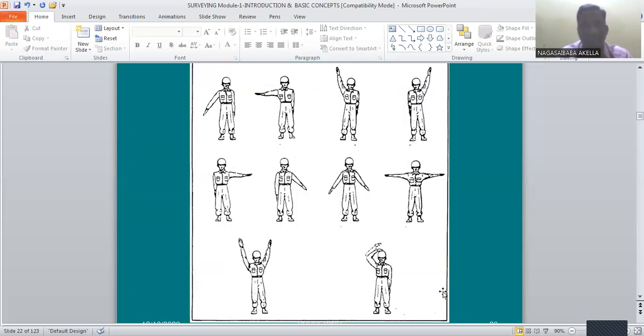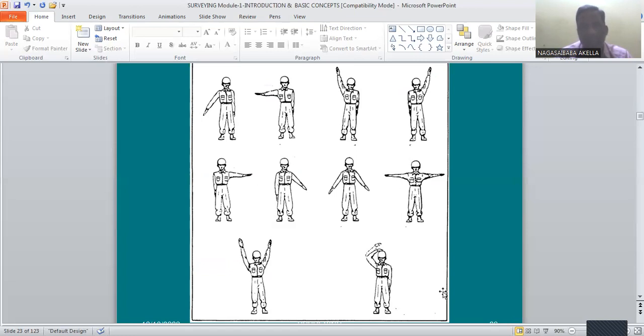So these are the code of signals used while ranging. If you use this right hand, the observer will move the staff man, the ranging rod person, to this side. If you use a right hand stretch, you have to move a very long distance in that direction.